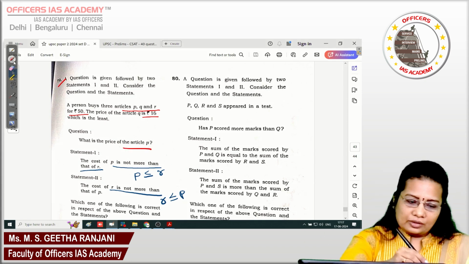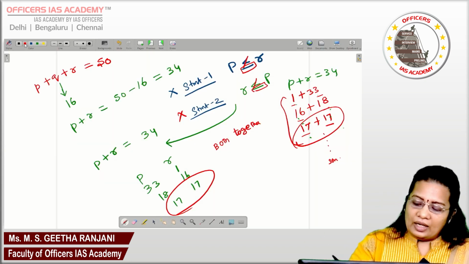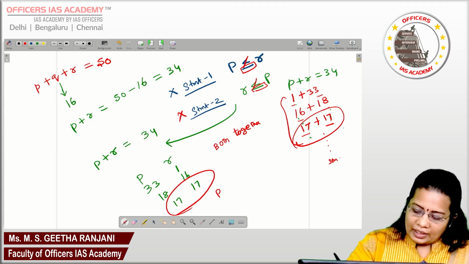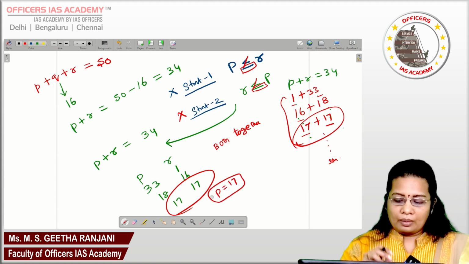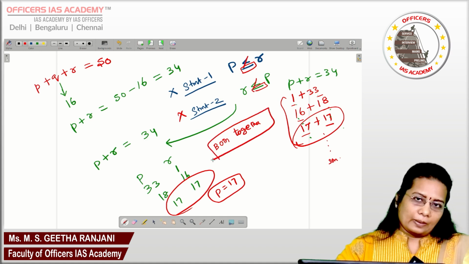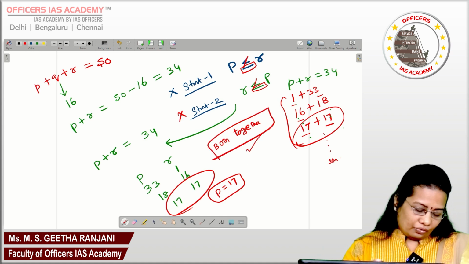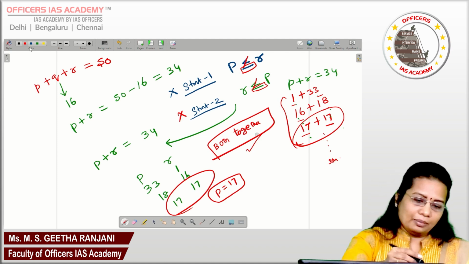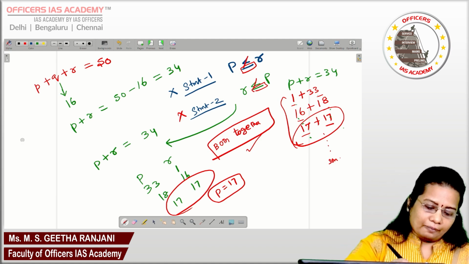So P's price is 17. This can be obtained. P is equal to 17. This is the answer for this question. But the option you want to choose in the examination is both together, so option C is to be selected. Question number 79, option is C.